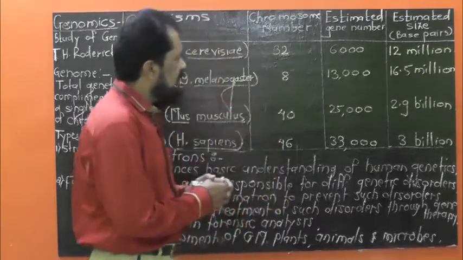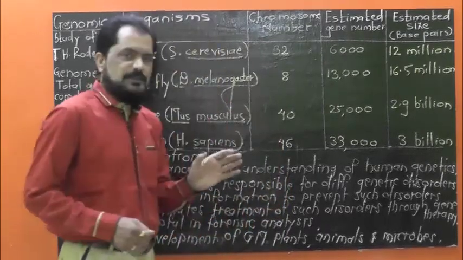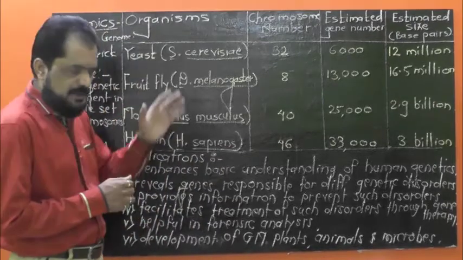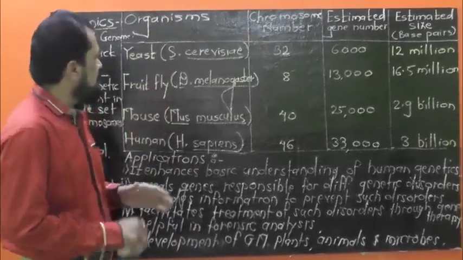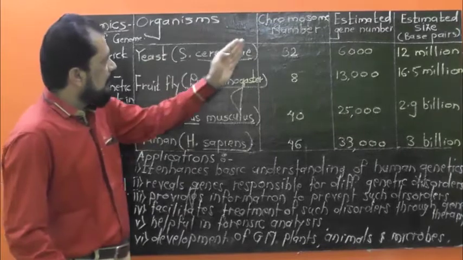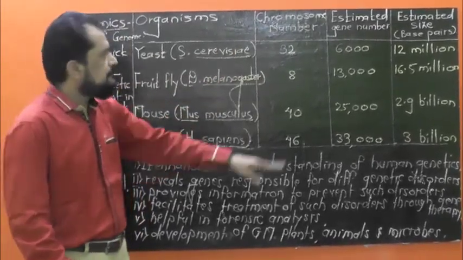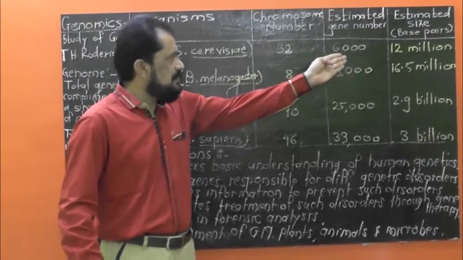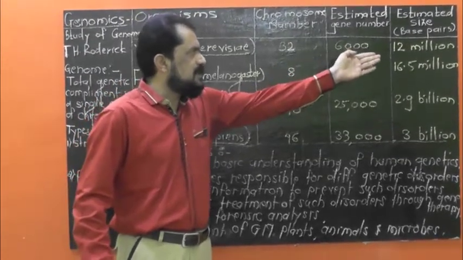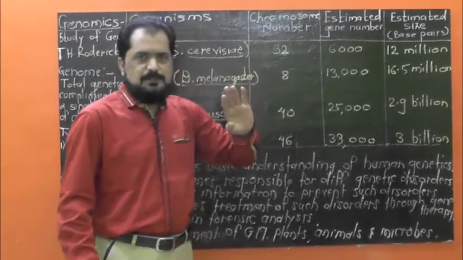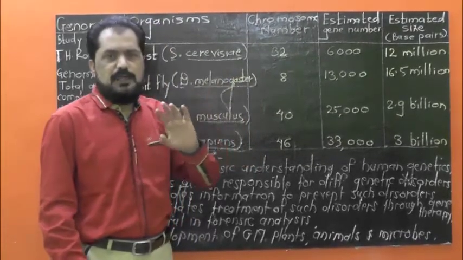Here we were discussing the important facts seen in these different living organisms. Yeast: number of chromosomes 32, of course diploid, estimated gene number 6,000, and base pairs 12 million. Base pairs are also known as the C value.